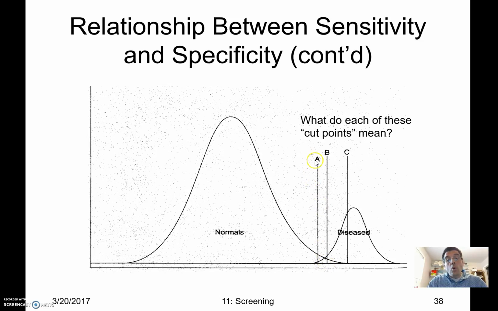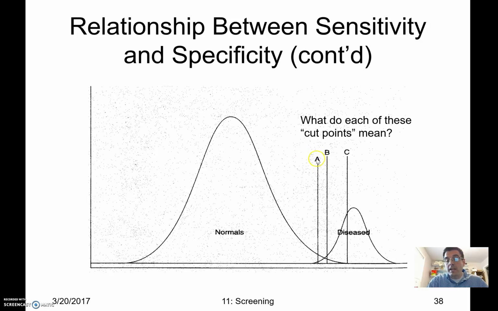So depending on what you're trying to measure, you may need to have a test that's highly sensitive, or you may have to have a test that's highly specific. And that's where you can look at it from this perspective, is that what does C mean when we look at it, as in is it highly sensitive or is it highly specific?